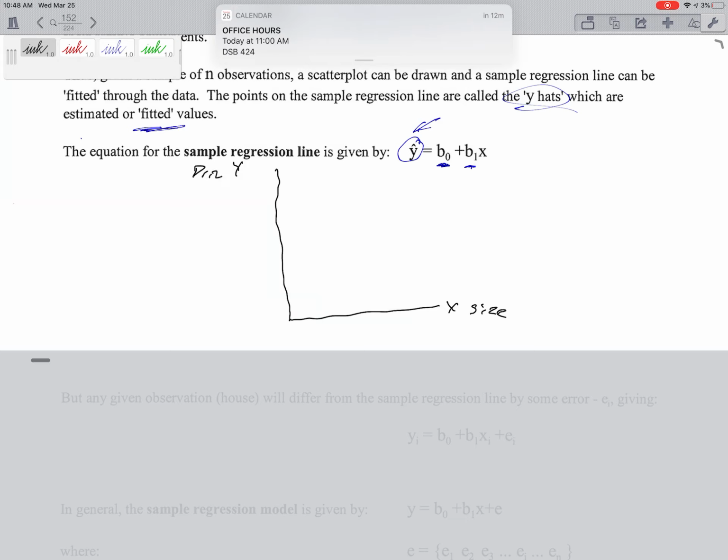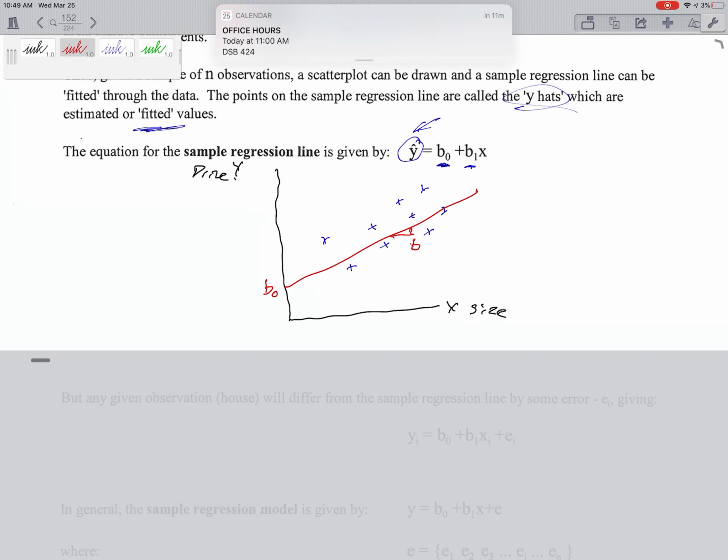Something might be a sample of 100 or something like that. And what we would end up with then is a bunch of x's, and they might look like this, paired with their y's, right? So these little points here then are a pairing of an x with a y. And from there then we can draw a sample regression line.